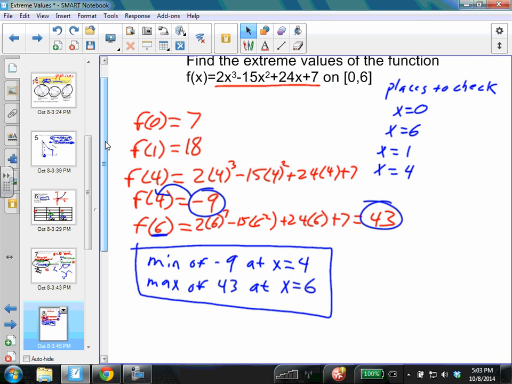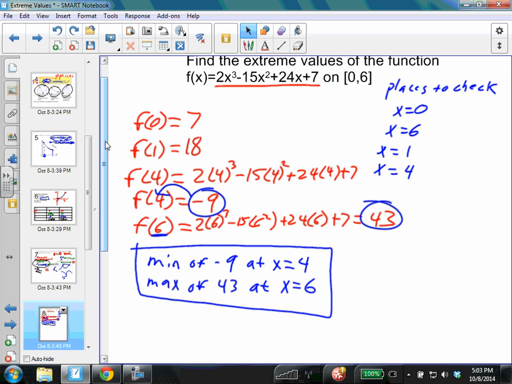Now I don't want to discount f of 0 equals 7 and f of 1 equals 18. Those could both very well be extreme values. However, we don't really have a way yet to classify if they're maximums or minimums. You're not advanced enough yet, but we'll talk about a way to do that in the days to come.